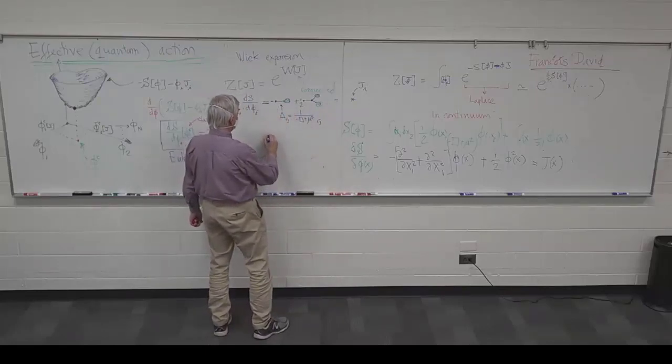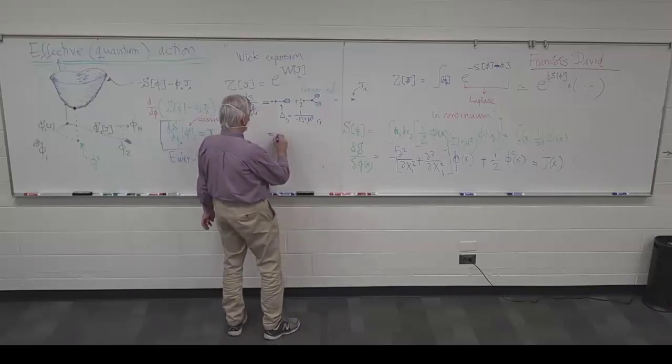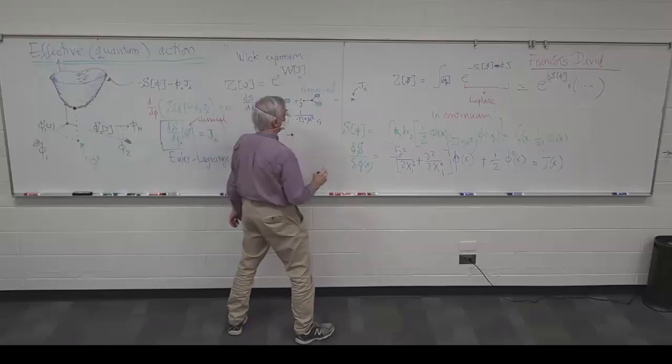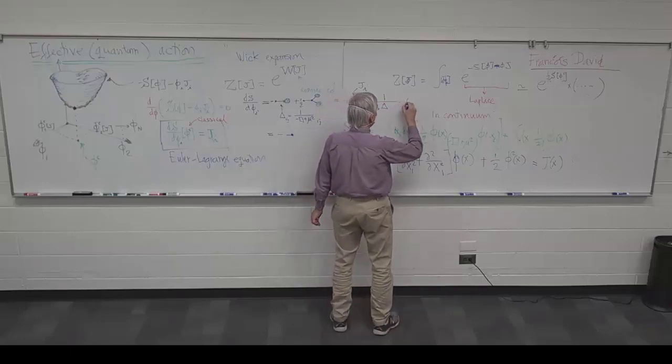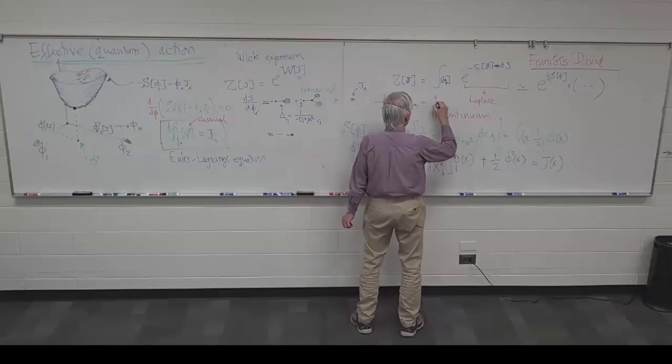So here I get minus, and now you have a propagator multiplying itself, so R_j, J_k, they're just the identity.